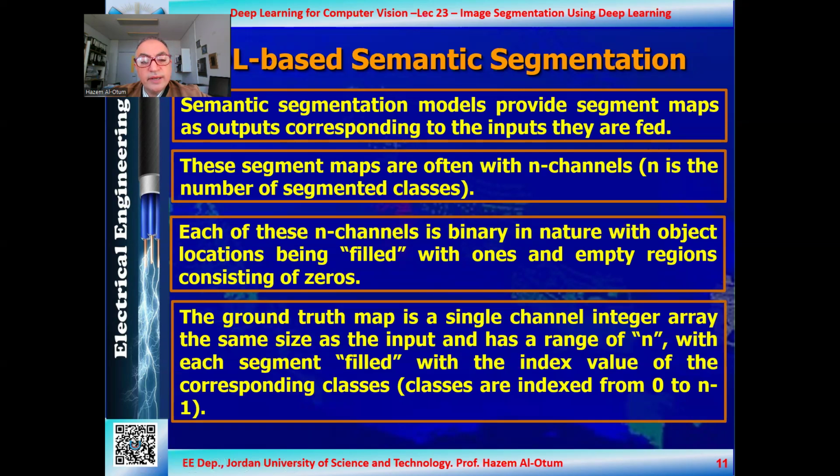Now we need a ground truth map to use in the training stage. When we train the network, we need a ground truth map where we set, for each pixel of the input or each region in the image, what its semantic class is, or maybe other types of segmentation tools.